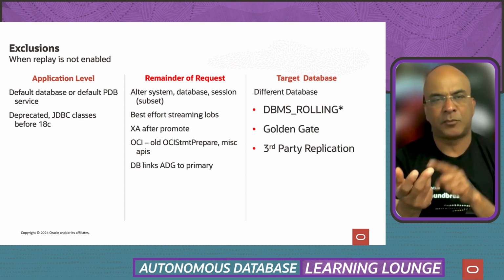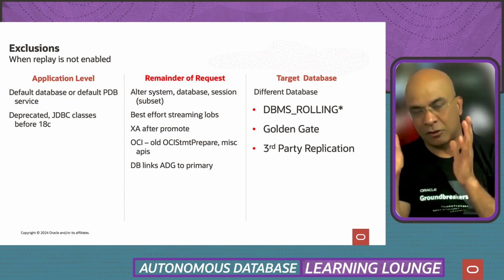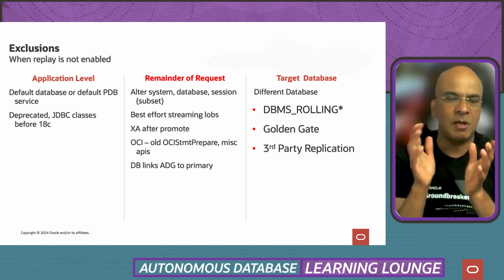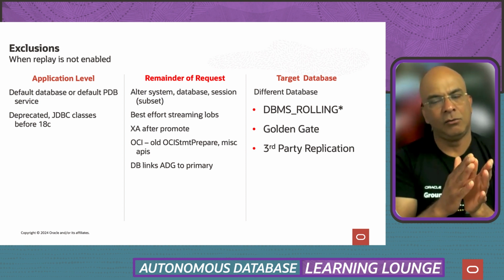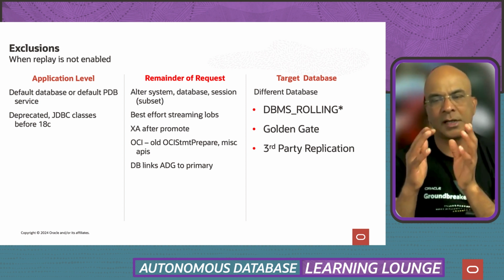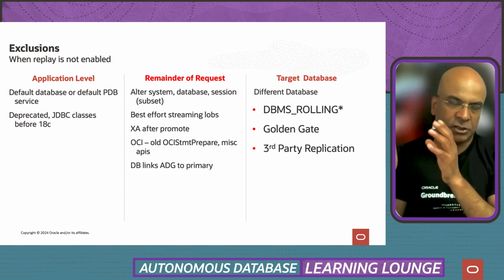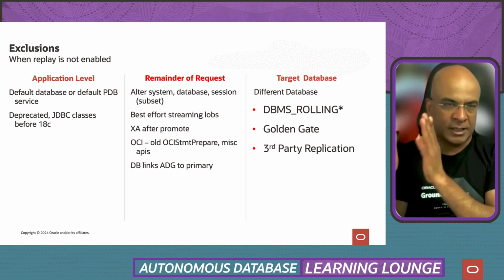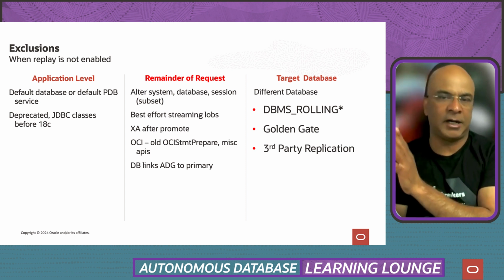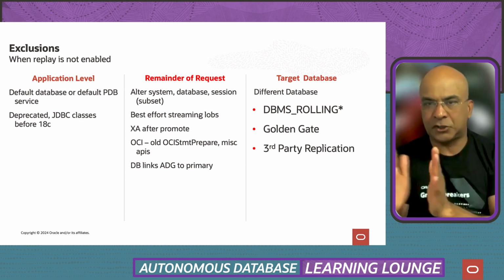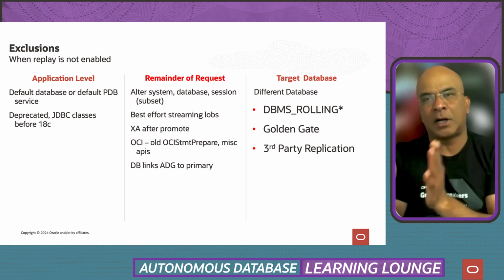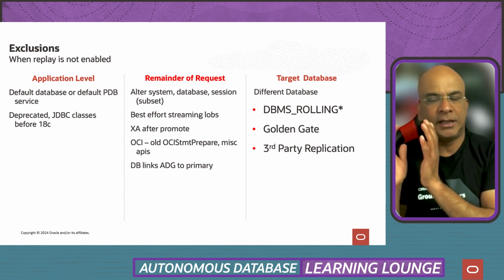We can use it with primary and standby databases because, remember, in Data Guard they have a similar transaction ID. For DBMS rolling, we allow you for a certain period of time because DBMS rolling uses a mix of primary and standby database, and then the standby database is converted to logical standby and then converted back. So that should work for that part. That's why the asterisk is indicating that where it's physical standby, it's fine.